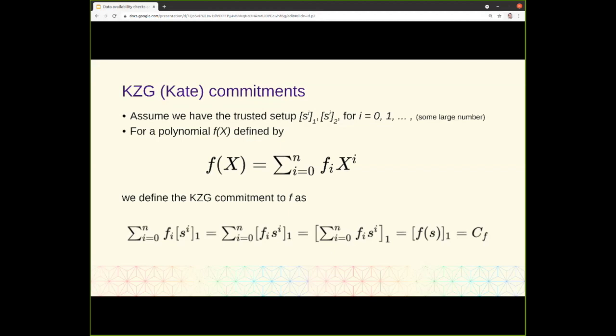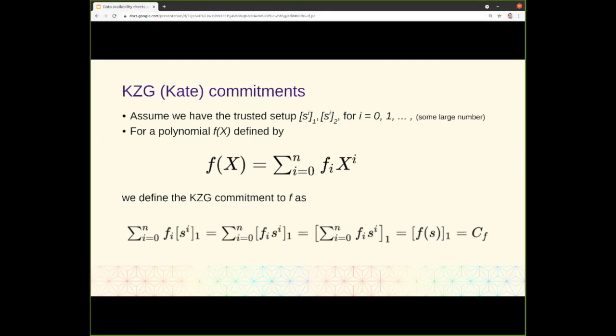You can get this elliptic curve element, for example s in brackets 1, and you can do computations with it, but you can't find out what s is, and you can't find out what s squared is, and so on. What you can do is add two of them and multiply them with a scalar, but you can't multiply two elliptic curve elements.